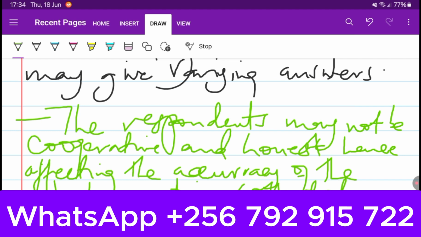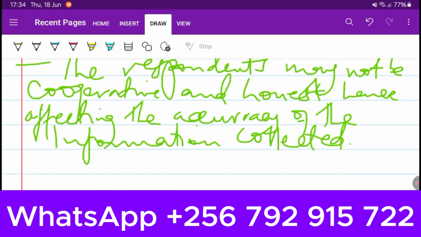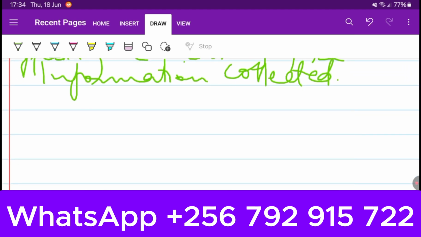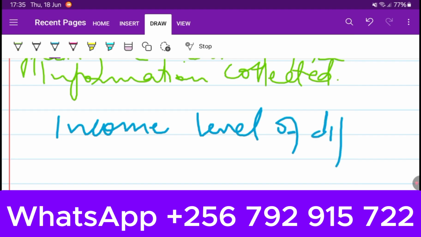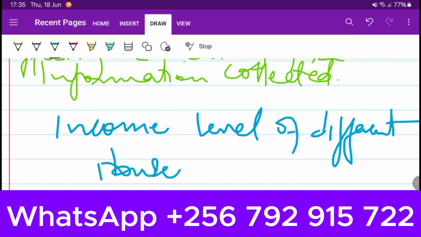Just take for instance, if let's say you are trying to find out maybe the income levels of different households, maybe in let's say in any division of Kampala, let's say in Kawempe.